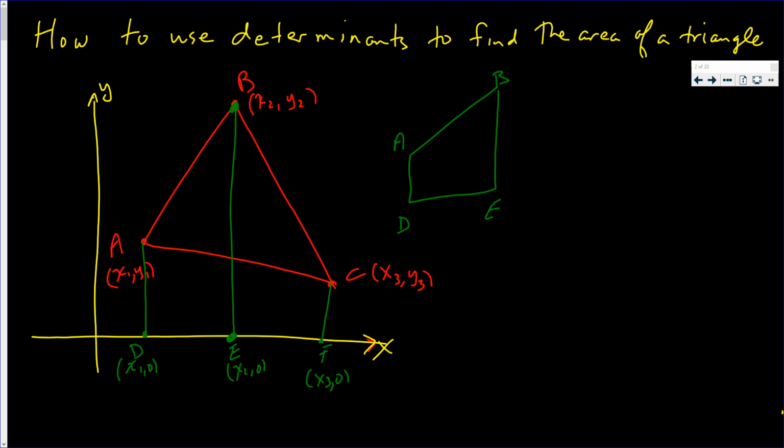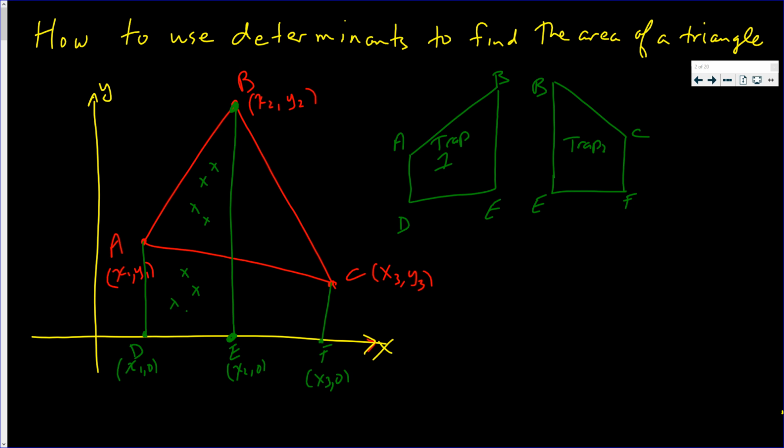And to the right is another trapezoid, B, E, F, and C. We'll call this trapezoid 1, trapezoid 2.